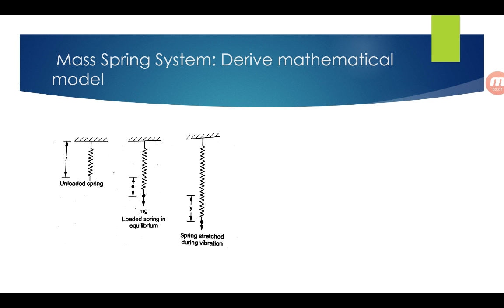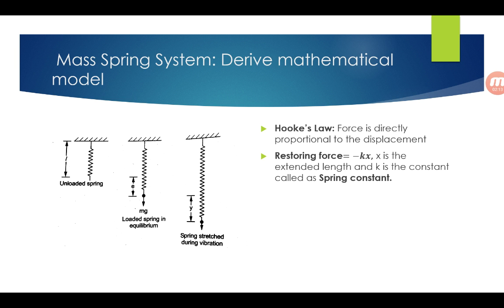In this entire procedure, one law that we are going to consider is Hooke's law, which states that force is directly proportional to the displacement. That is, we call it the restoring force, which is equal to minus kx, where k is a constant known as the spring constant and x is the extended length.